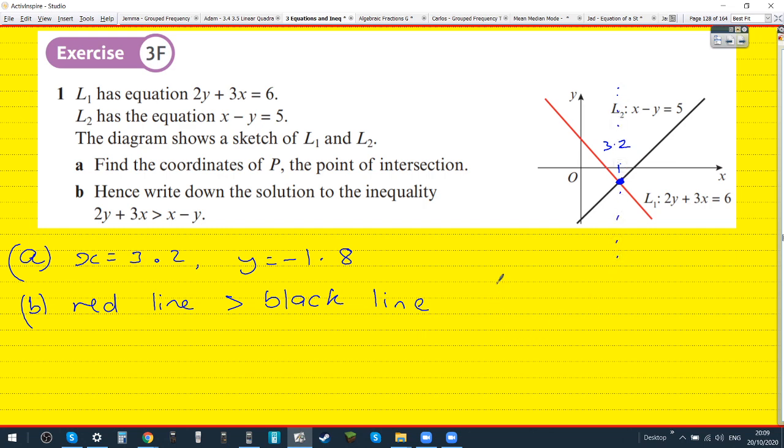It's on the y-axis. We always describe it in terms of x. So how would you say when x is to the left of 3.2?